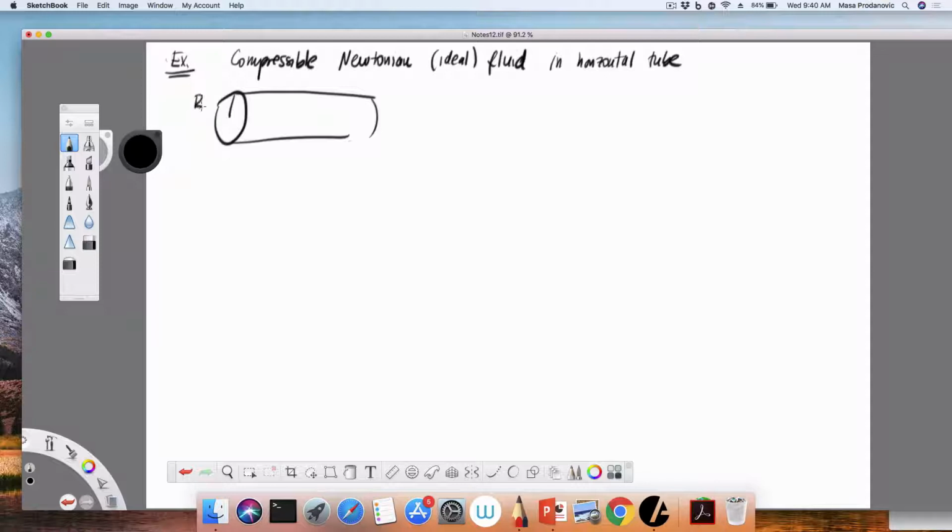It's still a tube of radius r and length L. We have the z direction. I apply a pressure difference. So I will assume that pressure is a function of z only.